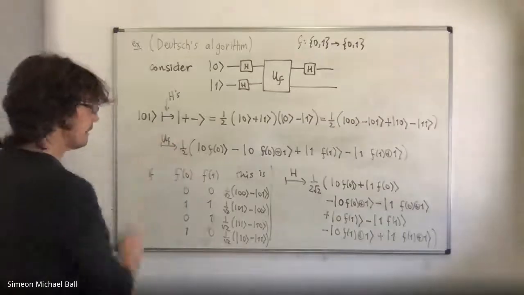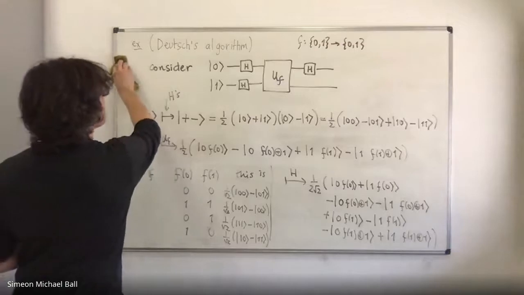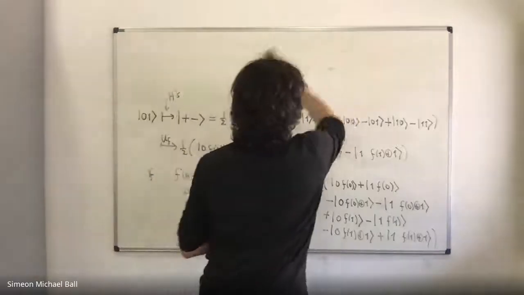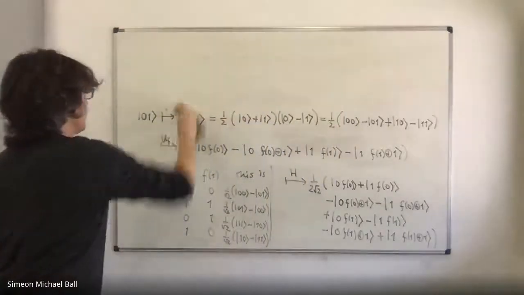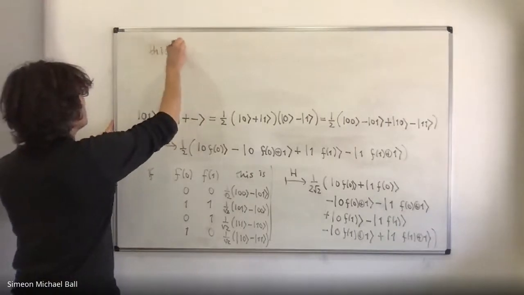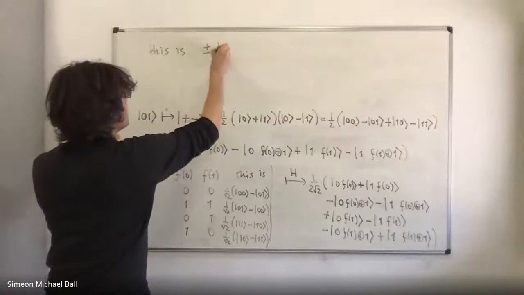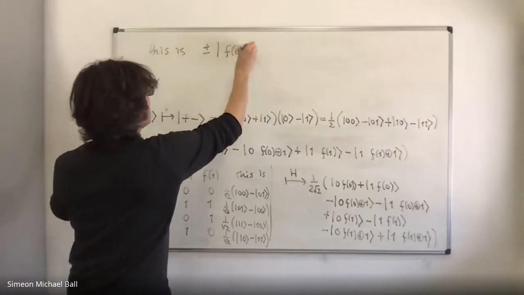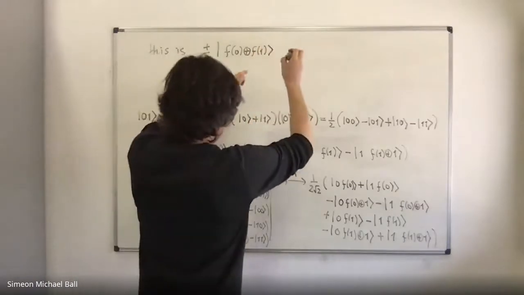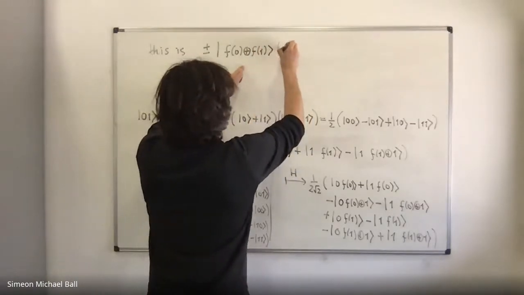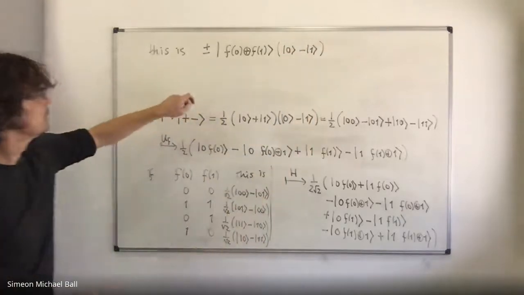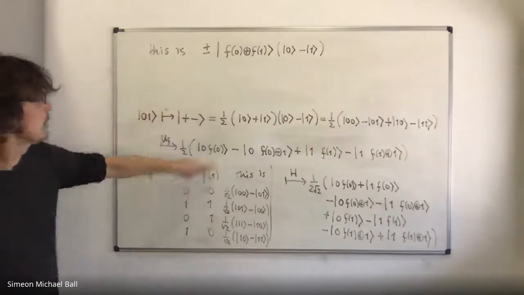So this is plus or minus f of 0 plus f of 1 in the first qubit, and in the second qubit, you have 0 minus 1. Okay, so this first one, divided by 2.